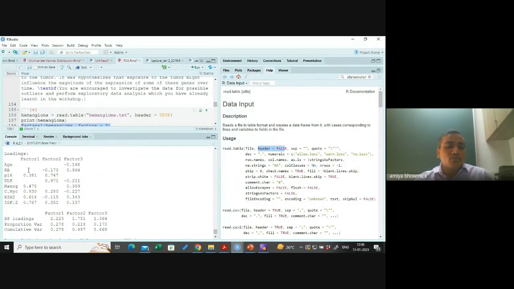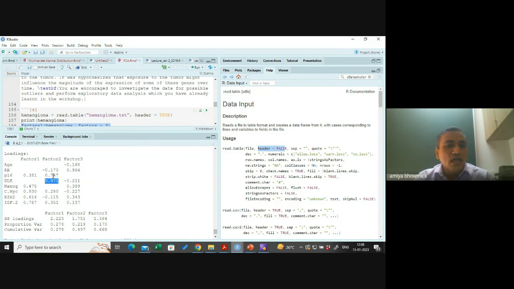This part is very important: what are the predictors, or the variables, associated with factor 1. As we observe, the expression of this gene and this one and this one seem to have a very high contribution to factor 1. Whereas in factor 2, P16 and DLK seem to have a very high contribution.